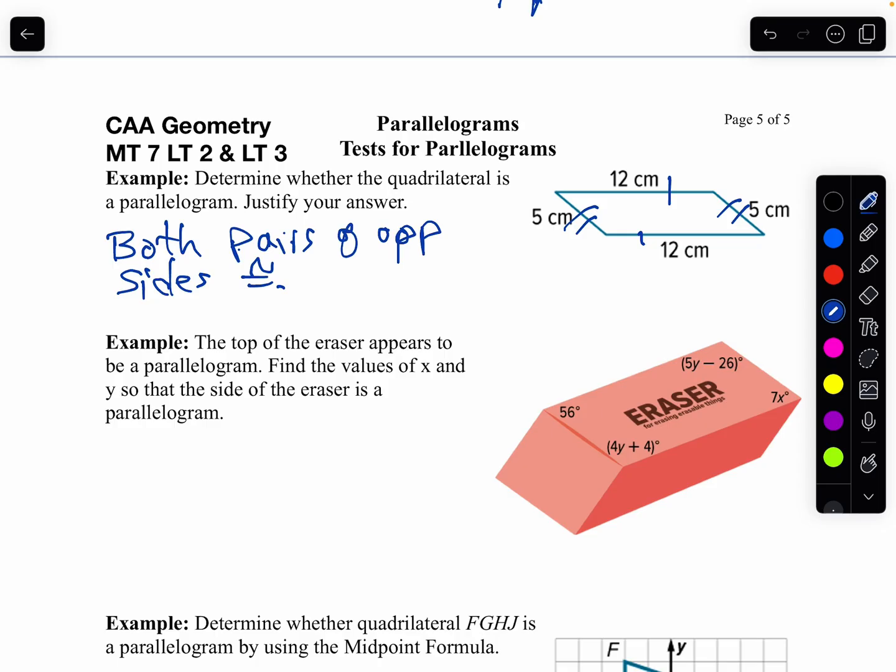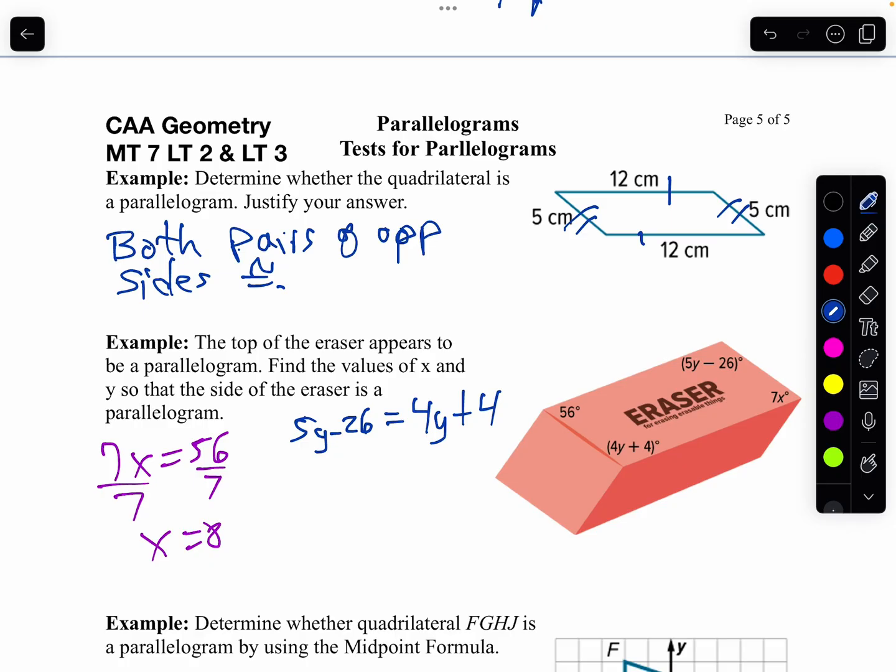So in other words, 7x equals 56. So x equals 8. And then 5y minus 26 equals 4y plus 4.